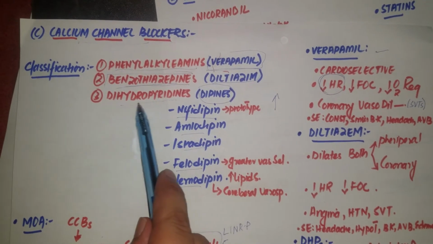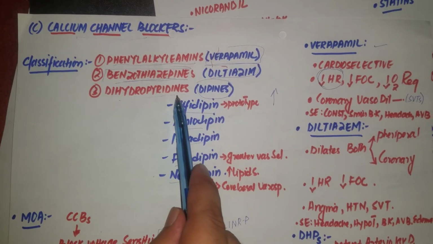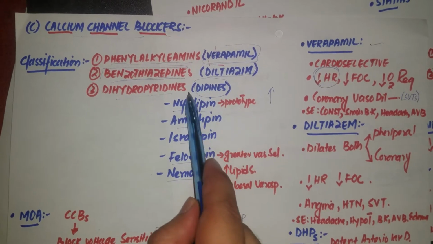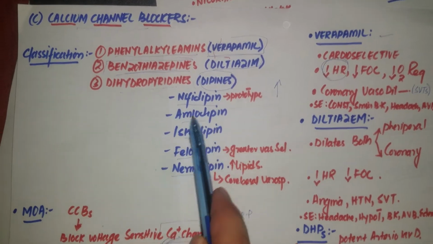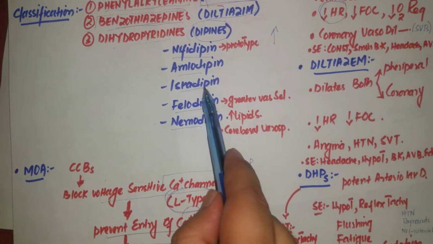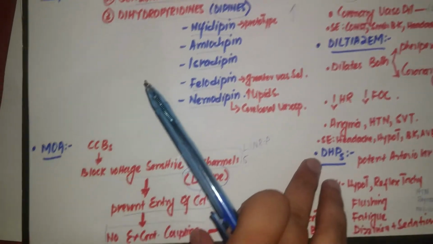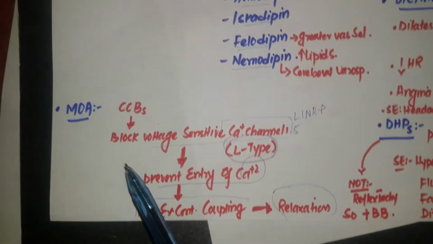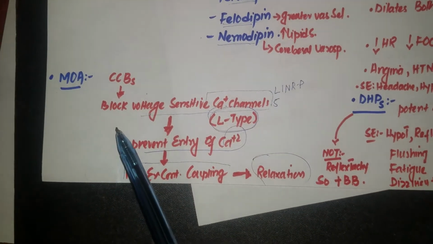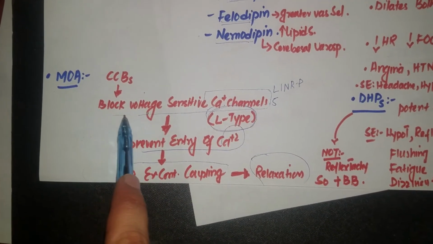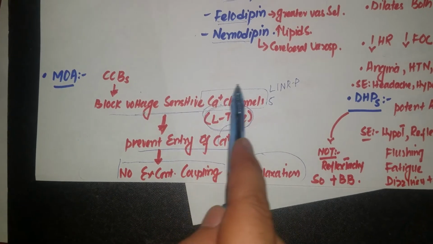The third one is the dihydropyridines, which end with dipines, like nifedipine, amlodipine, isradipine, felodipine, and nimodipine. Coming to the mechanism of action of calcium channel blockers, as the name indicates, they block the voltage sensitive calcium channels.